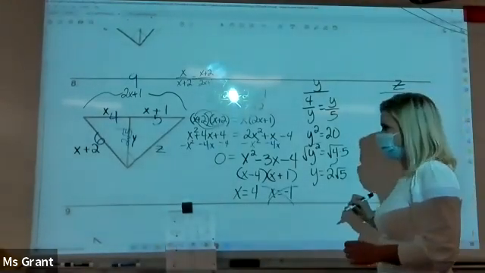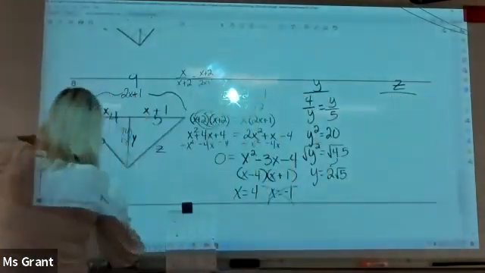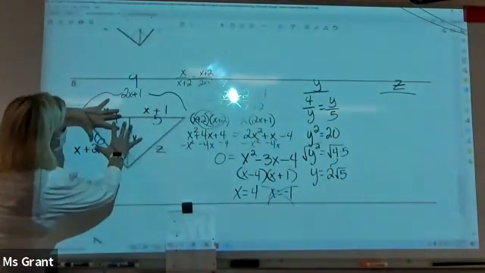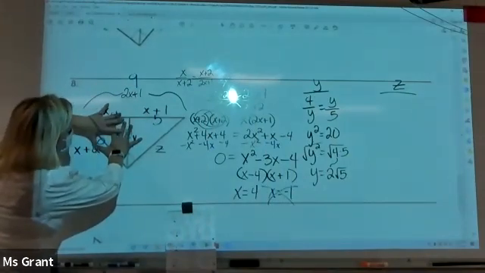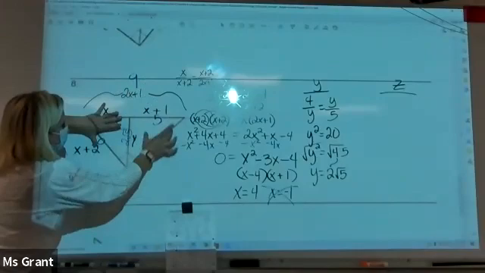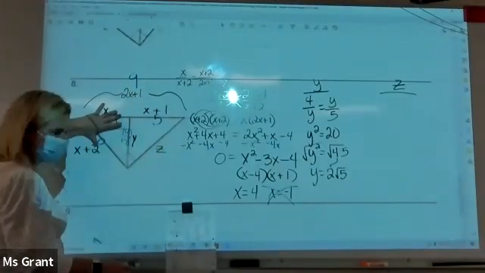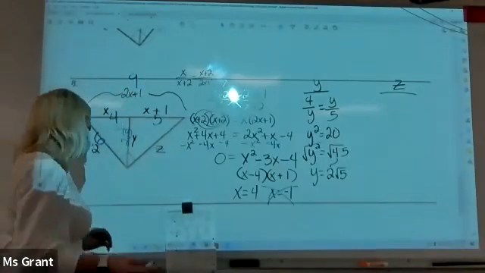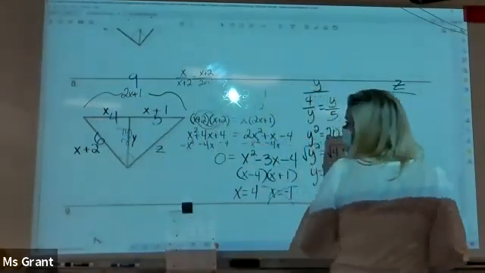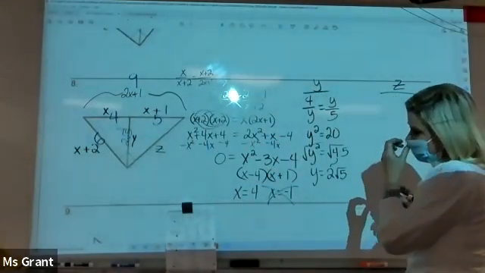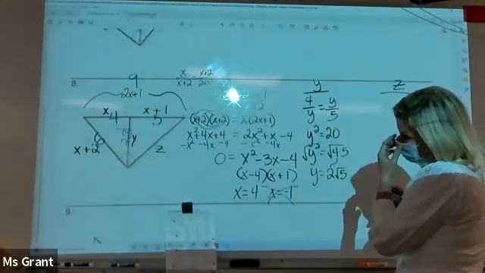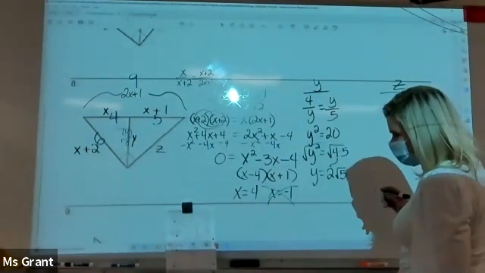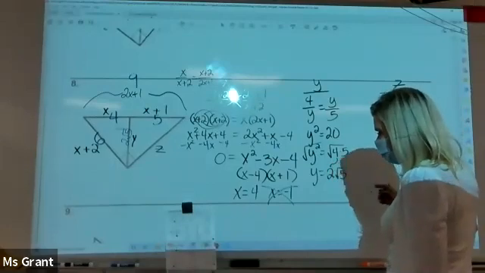Z. Z goes with 5 and 9, right? All on the same side, connected, close together. 5 over Z equals Z over 9.